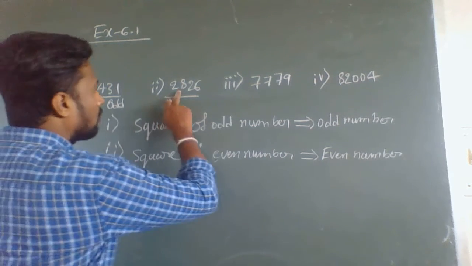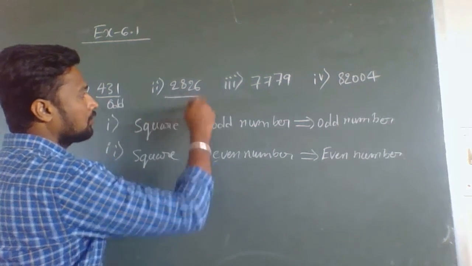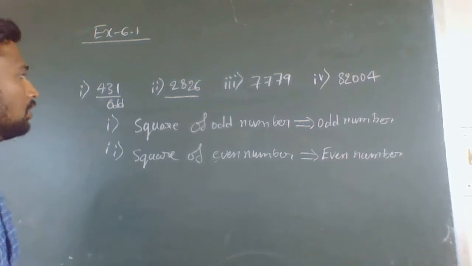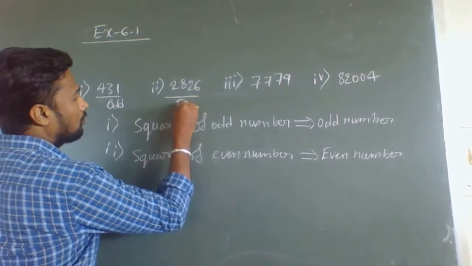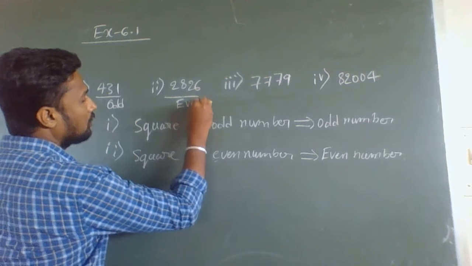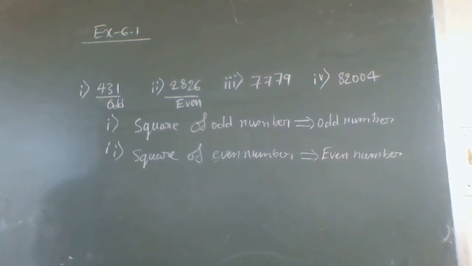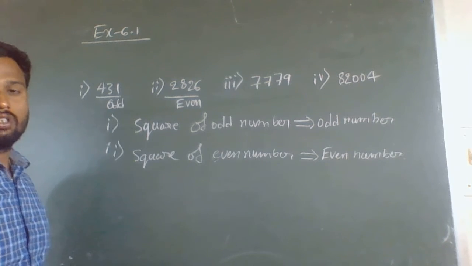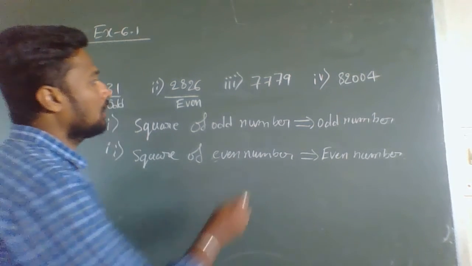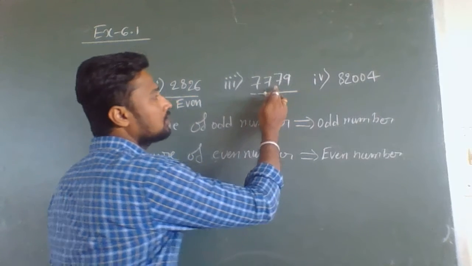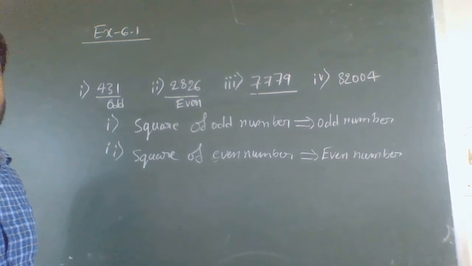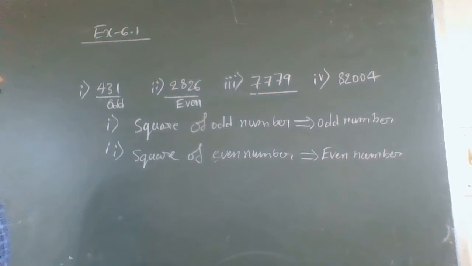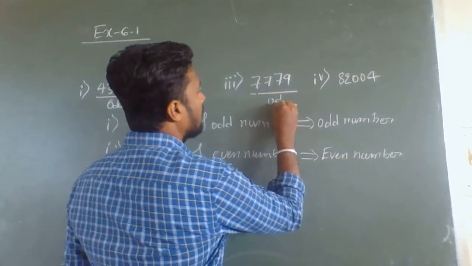Like that only, here 2826 is an even number, so the square number will be even. We should write the reason: the square of an even number is an even number only. Here again we got an odd number, 7779, so the square of this number is an odd number, and write the reason.